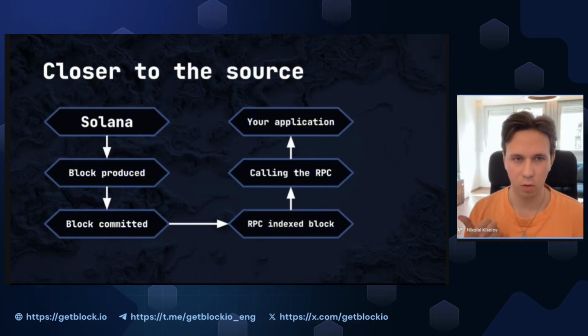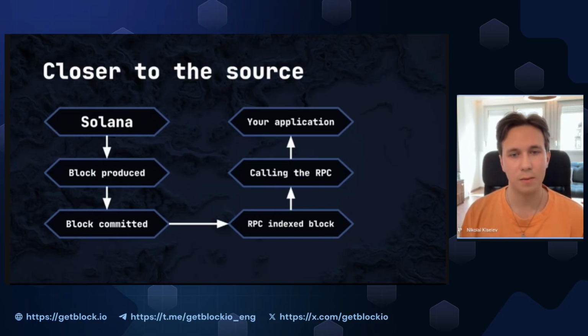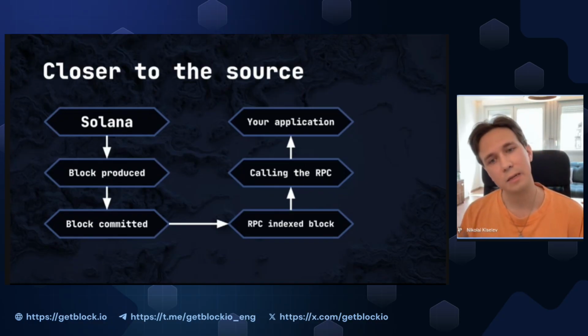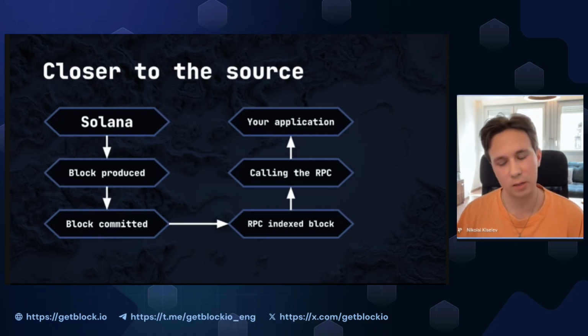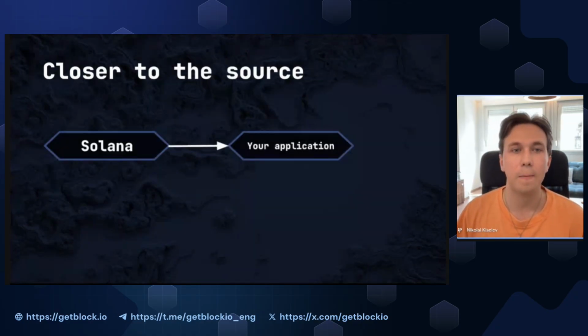First, a block will be produced and committed, then the RPC indexer will index this block, then your application will call RPC by yourself, and only then will you receive some information of the purchase. For example, if you do copy trading, it will add overhead to your process. But with Yellowstone, you just get events straight from Solana directly with this Geyser extension.